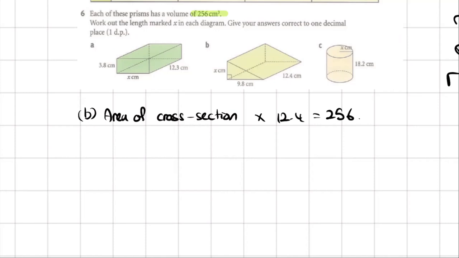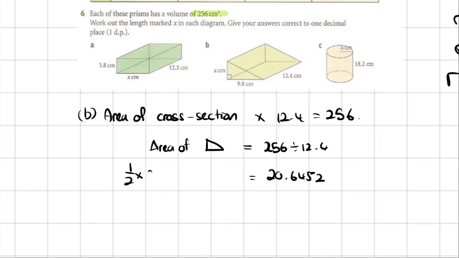So the area of the cross-section is equal to 256 divided by 12.4, the area of the triangle. Then the area of a triangle formula is half times the base times the height.